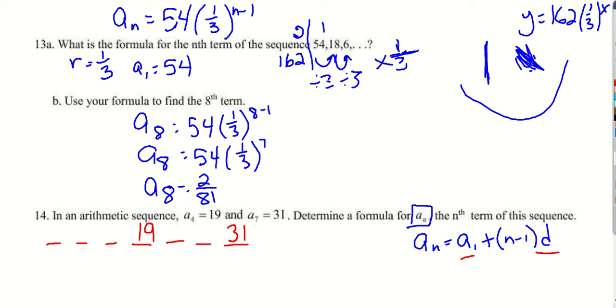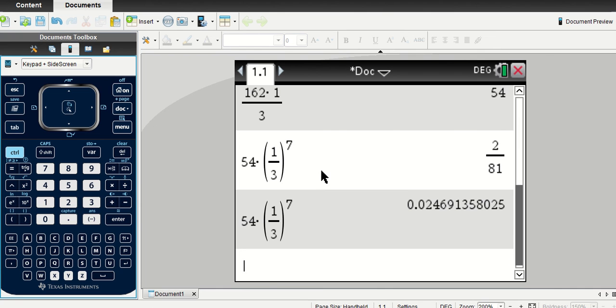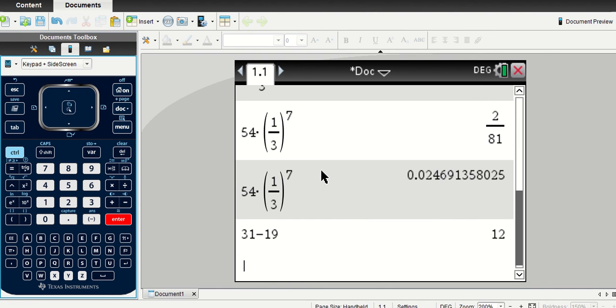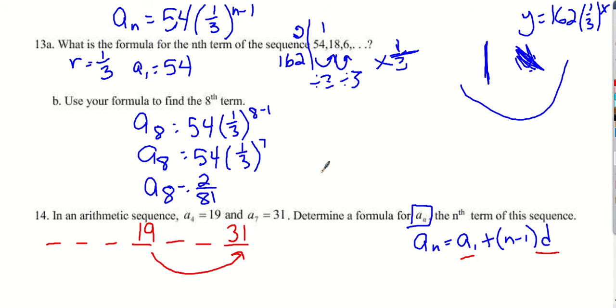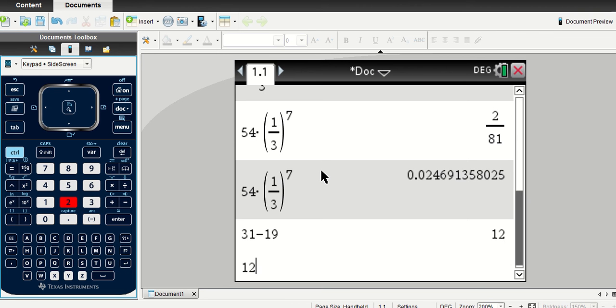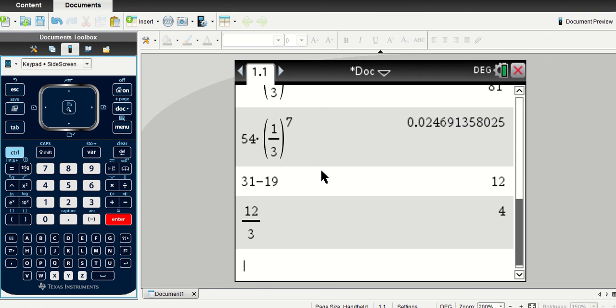So what I really want to know is what do I have to add to get from here to here? And I'm doing it 3 times. So I just take the difference and divide it by 3. So 31 minus 19 is 12, and I need to multiply something 3 times to get 12. So we just basically take 12 and divide it by the number of spots.